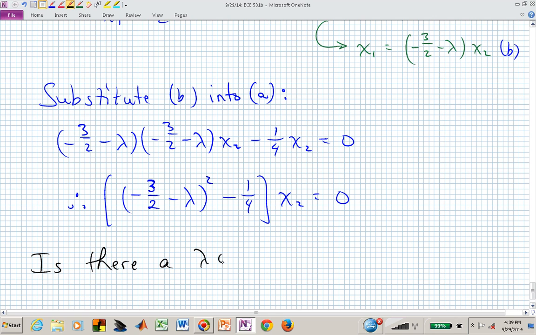Is there a lambda, a real lambda, such that the square bracketed term is equal to 0? If we can find that, then that expression is actually going to be equal to 0.